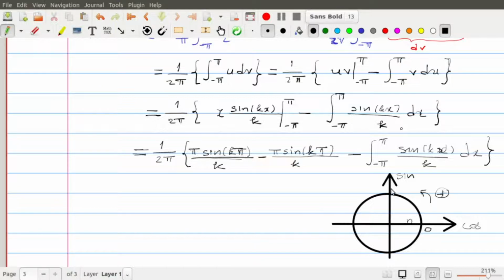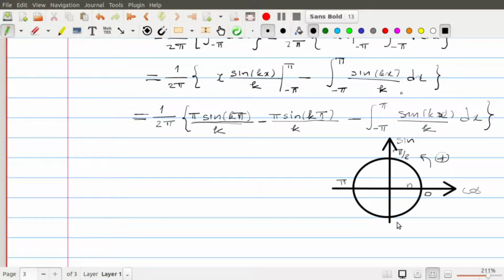This is pi by 2, or 90 degrees. This is pi. This is 3 pi by 2. And this is 2 pi. So when I start from here, after a complete rotation, it becomes 2 pi.